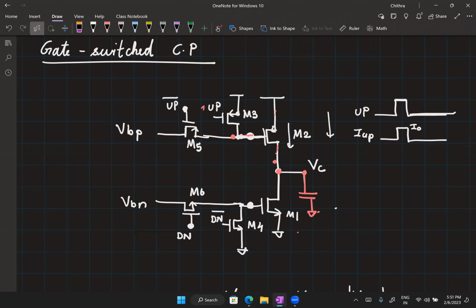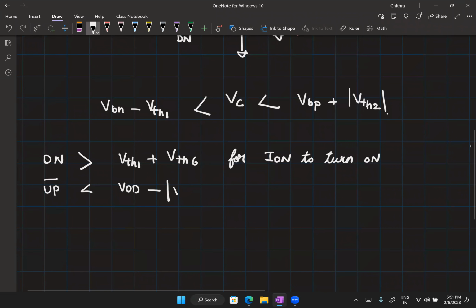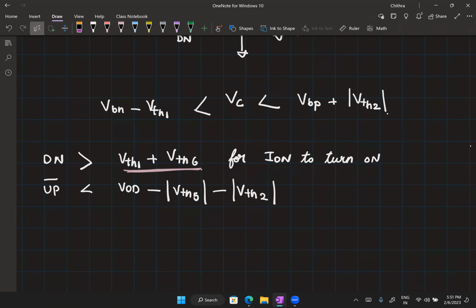So what are the 2 VTPs? M5 and M2? Okay, so far good, right? So now you can see that the down has to be larger than 2 threshold voltages. The up has to be VDD minus 2 threshold voltages. And this is PMOS, this is NMOS threshold voltages.